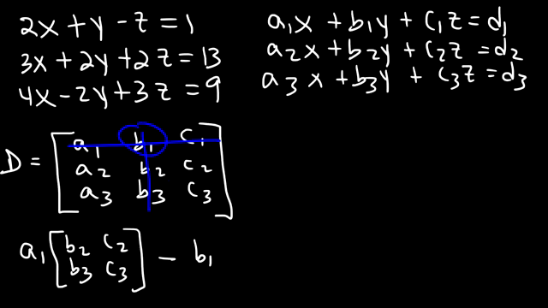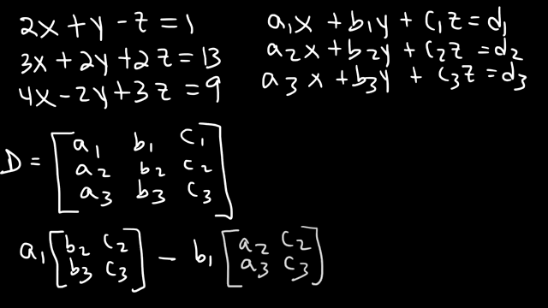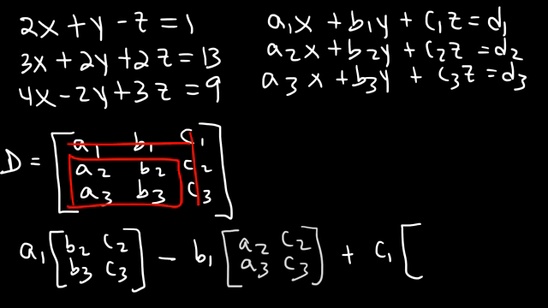And so we're going to have a2, a3, and c2, c3 left over. And then it's going to be plus c1, and c1 is located in row 1, column 3. So we're going to get this: a2, a3, b2, b3. So that's how you can evaluate a 3 by 3 determinant.